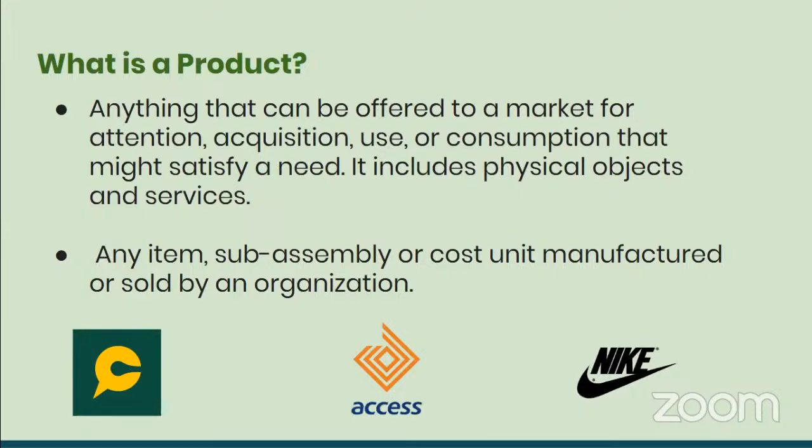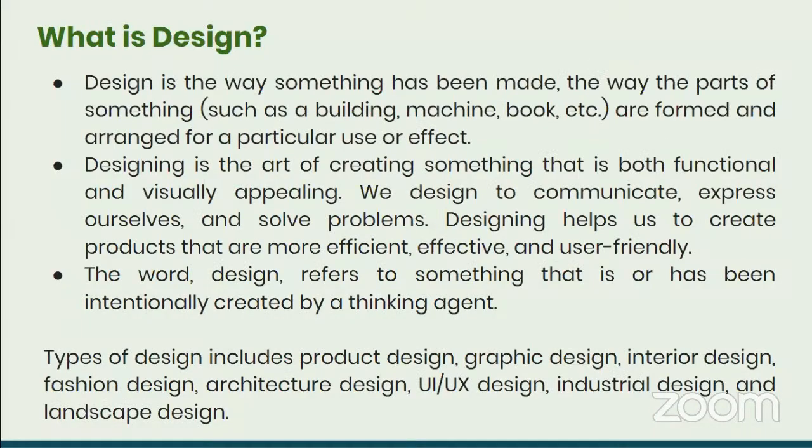Okay. Then we talk about design. You say design is the way something has been made, the way the parts of something, such as a building, machine, or book, have been formed. What design is about is just the art of creating something for the purpose of another thing.